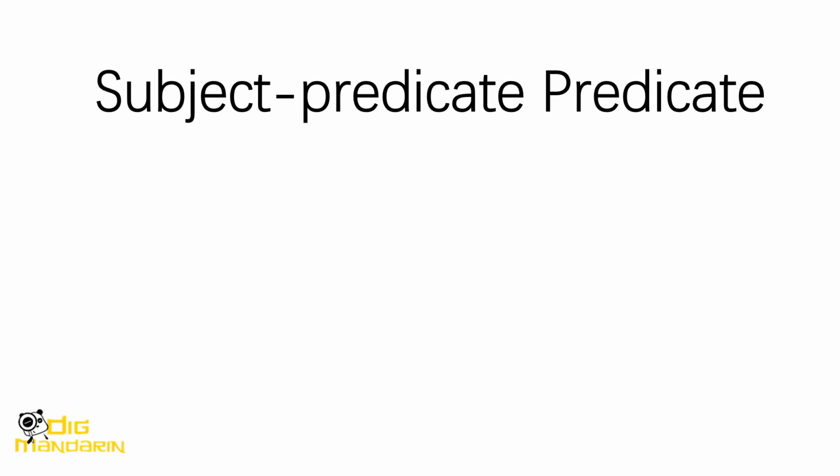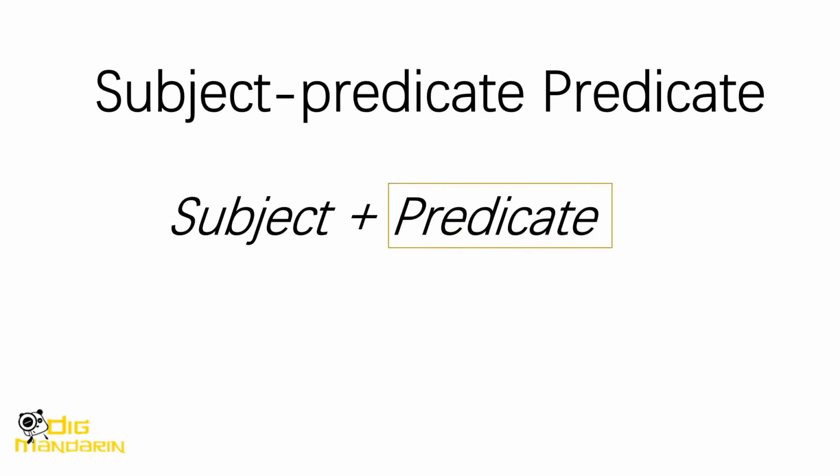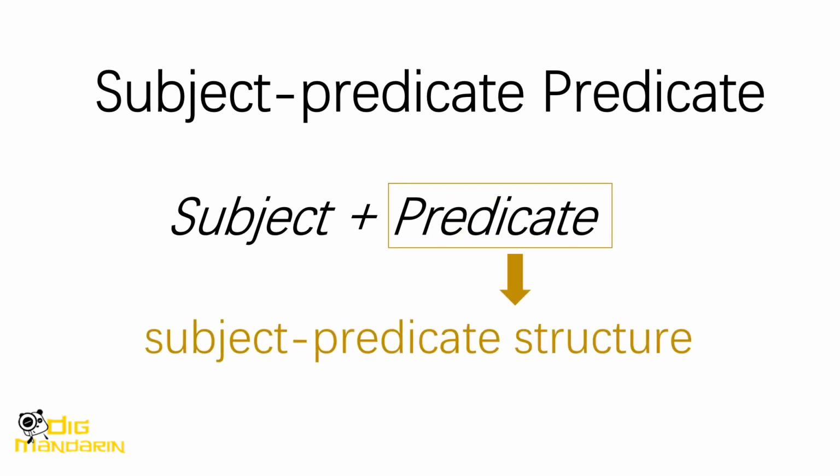Actually, it's the same rules with the adjective predicate, verb predicate, and nominal predicate. That means in the structure subject plus predicate, we can use a small structure, subject predicate structure, to function as a predicate.